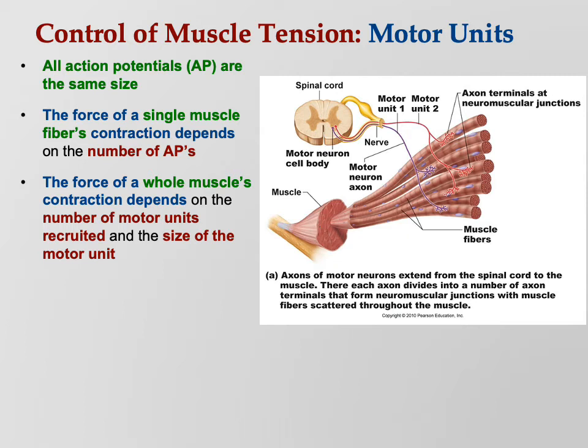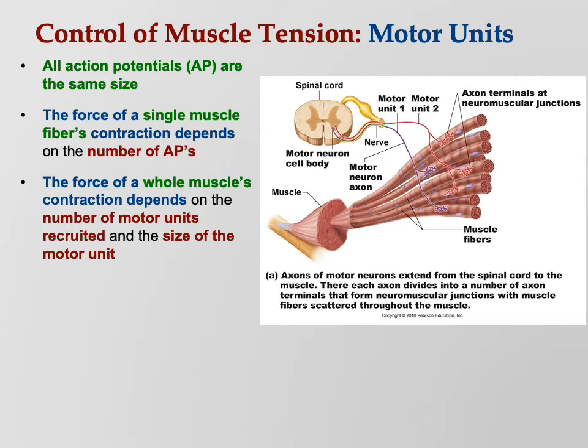So when a nerve action potential goes down that motor neuron, it's going to cause two muscle fibers to contract. But then look at motor unit 2. A single action potential going down that neuron, notice that makes neuromuscular junctions at three different muscle fibers. So now a single action potential will cause three muscle fibers to contract.